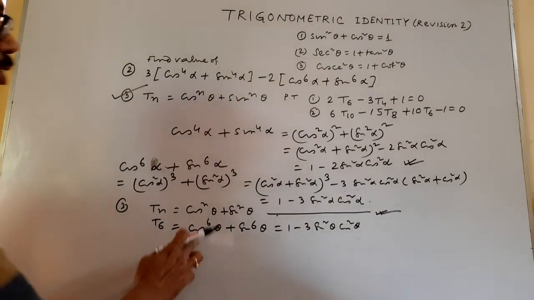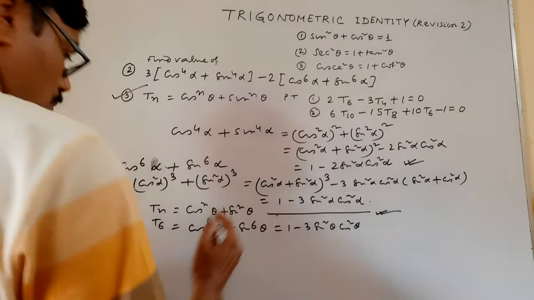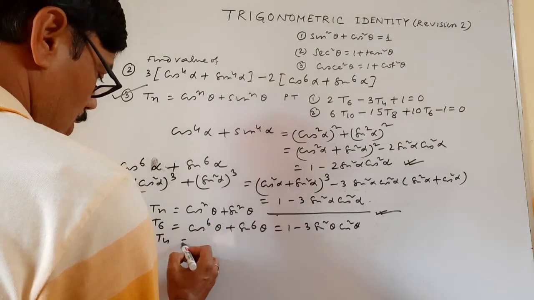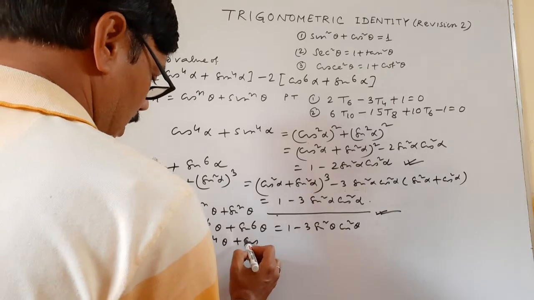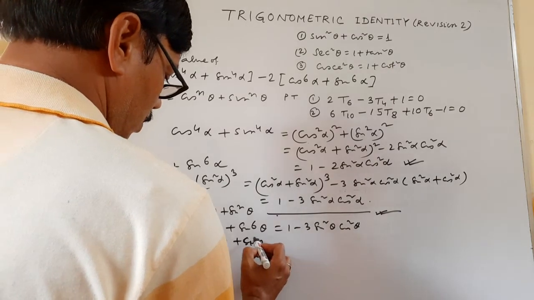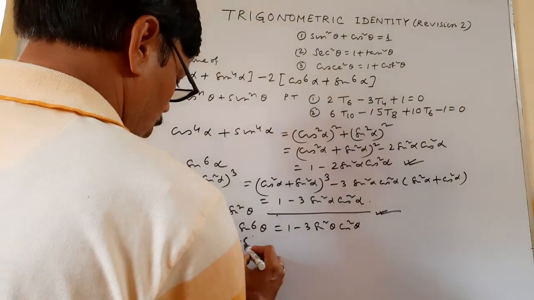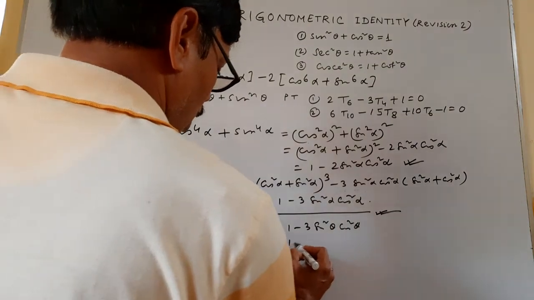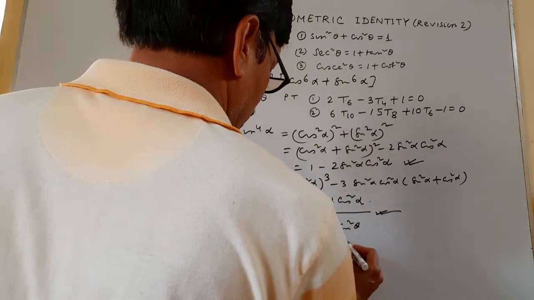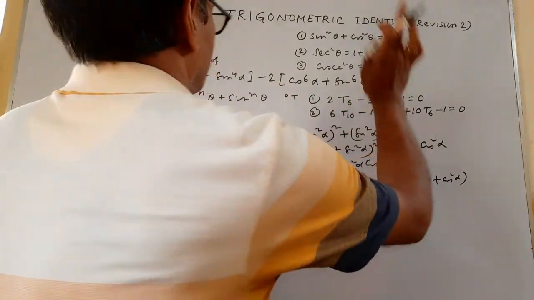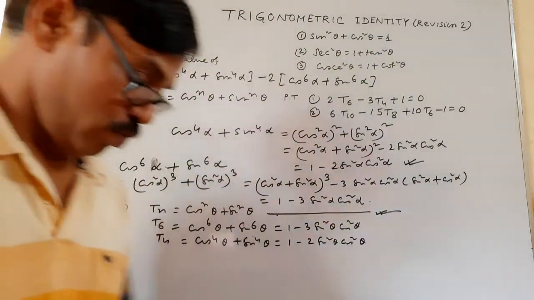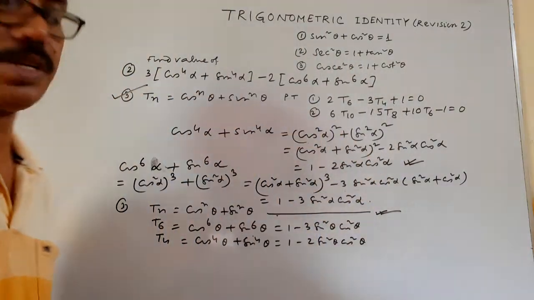We have already proved it. What is T4? Here n is replaced by 4: cos to the power 4 theta plus sine to the power 4 theta is 1 minus 2 sine square theta cos square theta. So T6, T4, put the values.